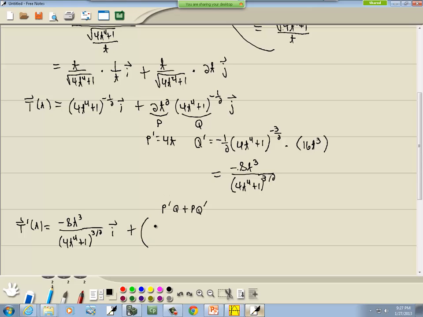P prime is 4t times q, which is 4t to the fourth plus 1 to the negative 1/2, plus p, which was 2t squared, times q prime, which was negative 8t to the third over 4t to the fourth plus 1 to the 3/2 j.